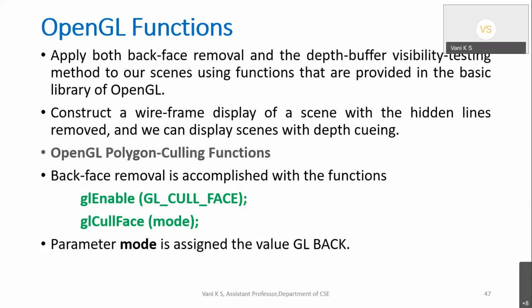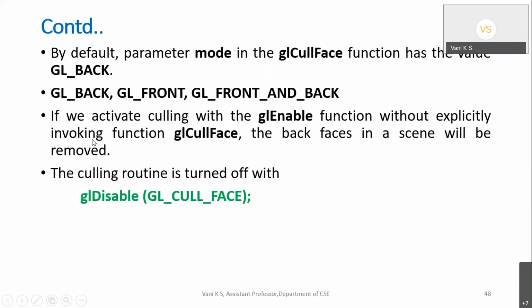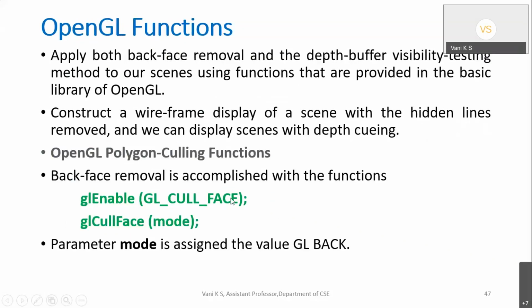Then what is the mode? You should tell it with glCullFace mode. What should be the values for this mode? It can be GL_BACK, GL_FRONT, or GL_FRONT_AND_BACK. That is, we are telling OpenGL to enable hidden surface removal, and we should also tell what the mode is: whether you want to remove the front surface, the back surface, or both front and back.